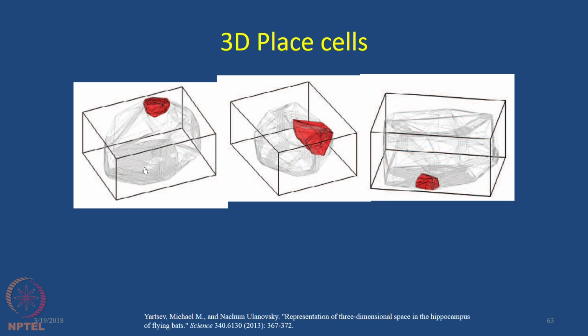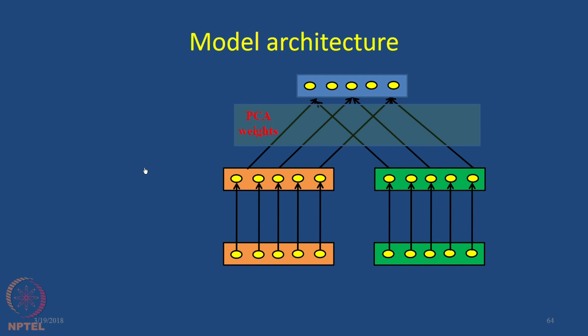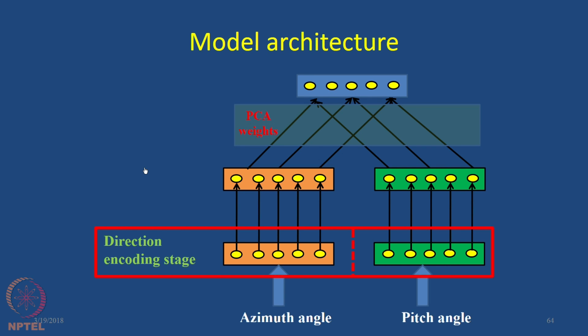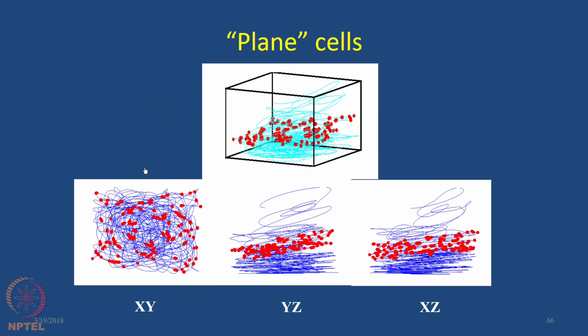Because the animal moves in 3D space, there are certain cells which fire whenever the animal is in a certain volume in the 3D space, and you can see examples of 3D place cells here. We proposed a similar kind of architecture in this case, and again the model showed place cells in the 3D space, and in addition we also found plane cells.